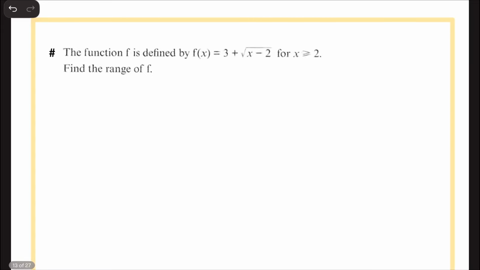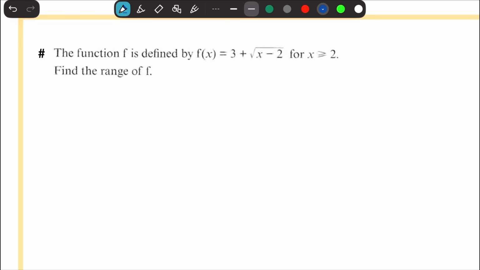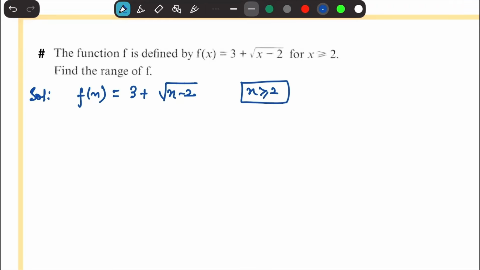Okay, so now we have reached the next question in this video. So in this question, f of x is given as 3 added to under root x minus 2, and they have given you that x is always greater than or equal to 2. This is actually the domain, right?